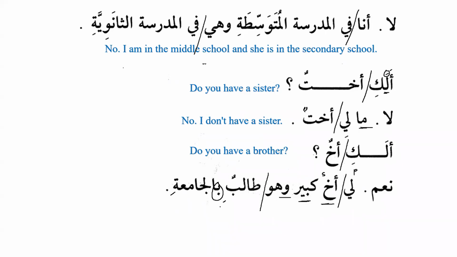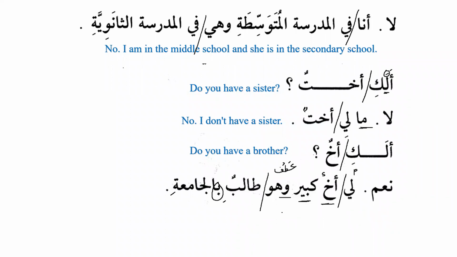This is called waw al-atfi. Waw of atf, that means waw of connection. Basically, it is used to connect two nouns or two verbs or two sentences. These can be nominal sentences and these can be verbal sentences.